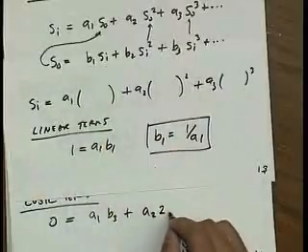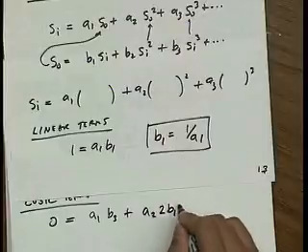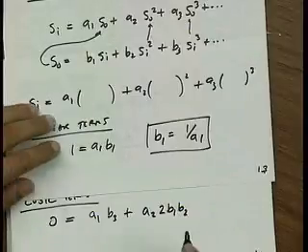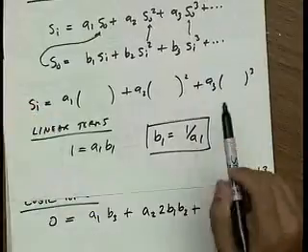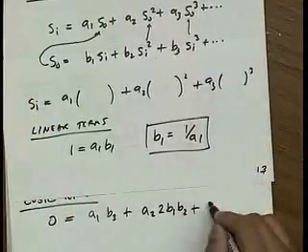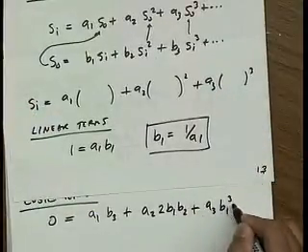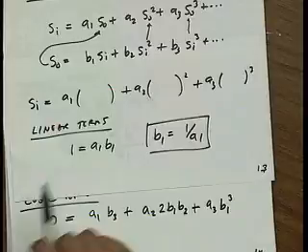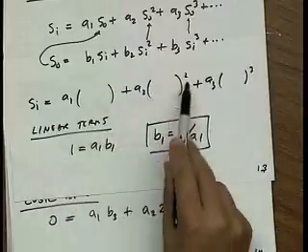So I get 2 times B1 B2, and then finally I get a cubic term from here, A3 B1 cubed, and that's it. There are no other cubic terms being generated, right? Here everything is 4th order or higher.